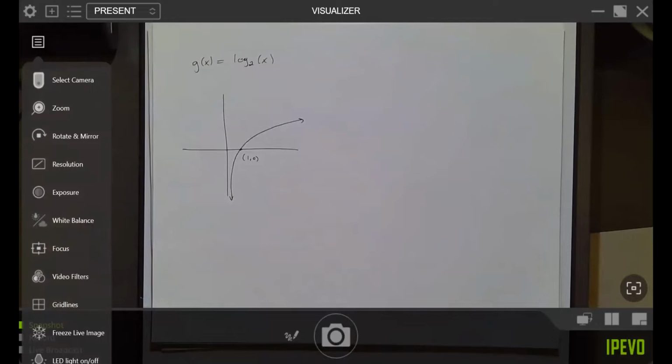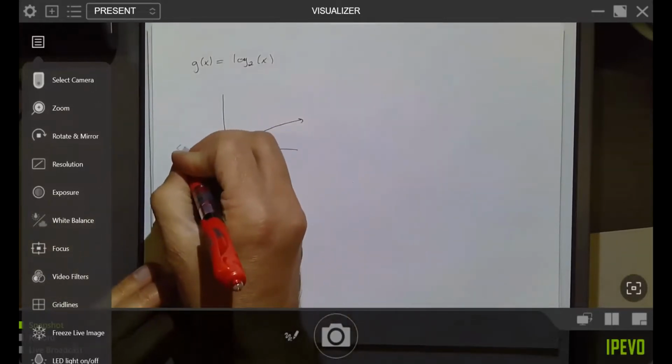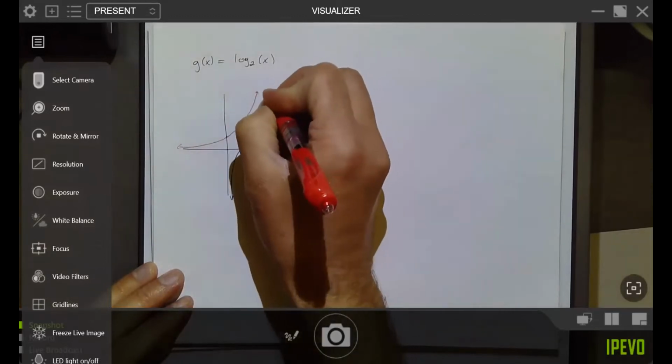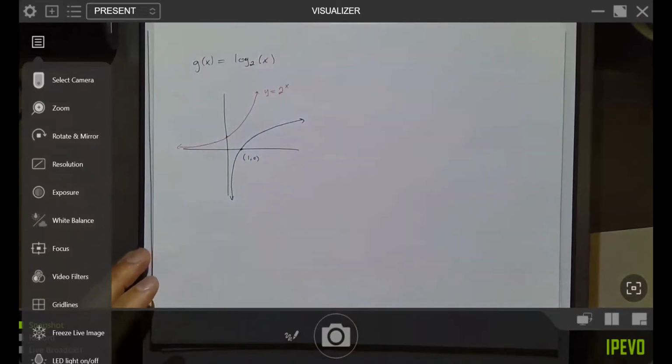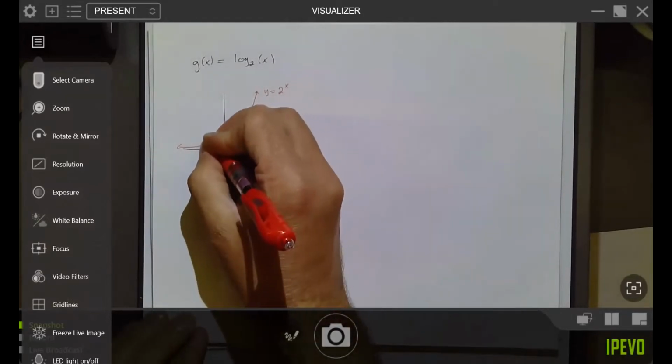So if I were to graph 2 to the x over here, these two graphs have exactly the opposite xy coordinate pairs, meaning this graph has the point 1, 0, and this graph in red has the point 0, 1.